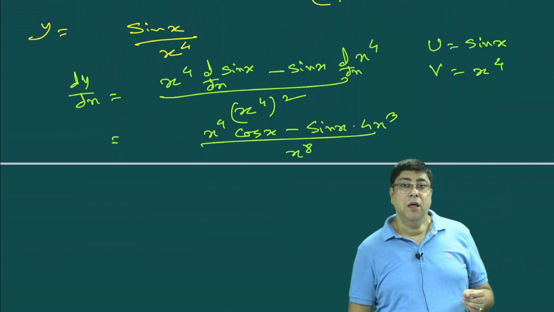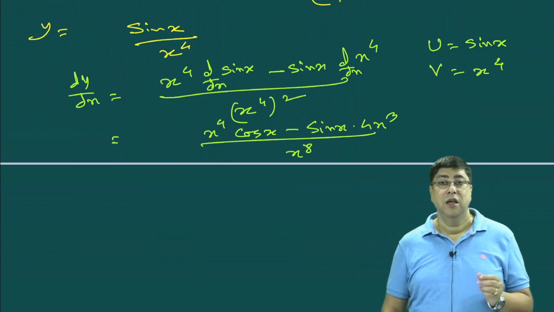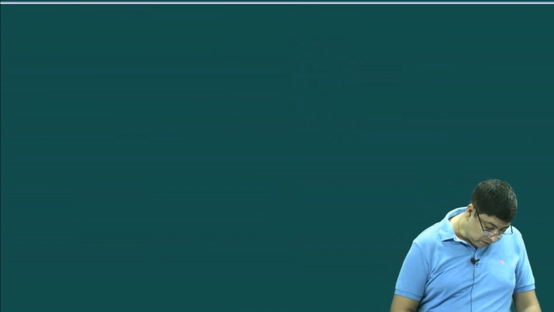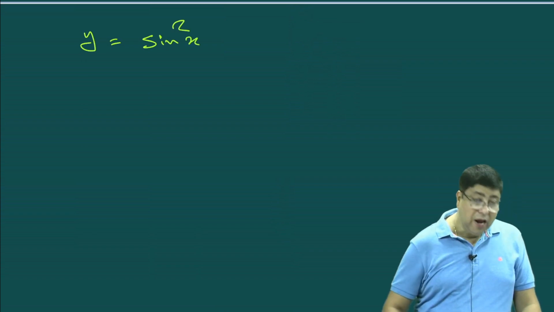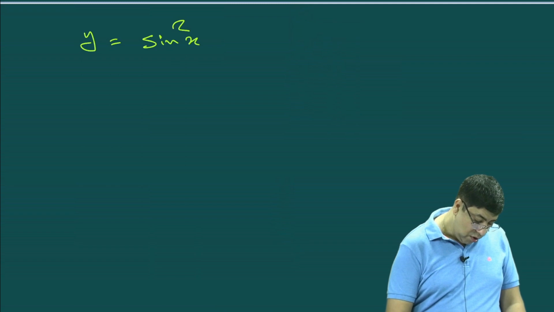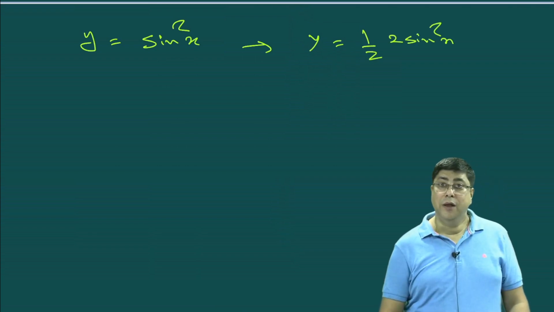Now I am coming to the most important part of differentiation, which is the substitution, differentiation by substitution. So what is differentiation by substitution? Suppose y equal to sin square x. In the previous case, whatever we have done, I am showing you once again: y equal to half into 2 multiplied, and we had to use the multiple angle.